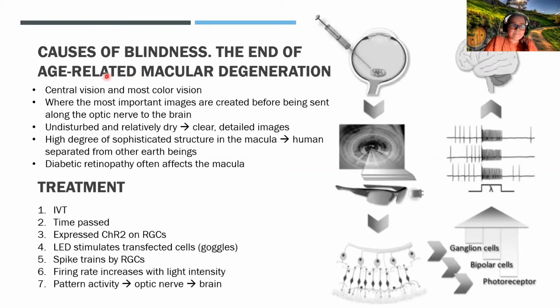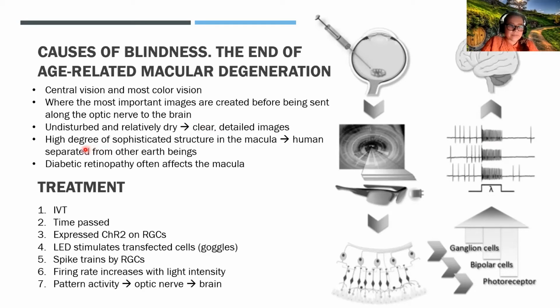Then after macula degenerates, patients lose central vision and most color vision. So yeah, it's because from macula, the image is sent to the brain. It's really important. The macula should be undisturbed and relatively dry for the brain to have clear and detailed images.